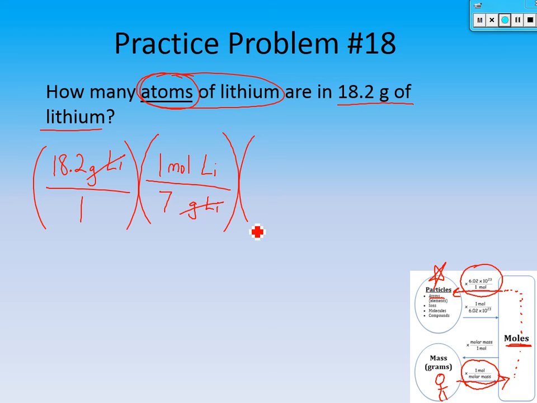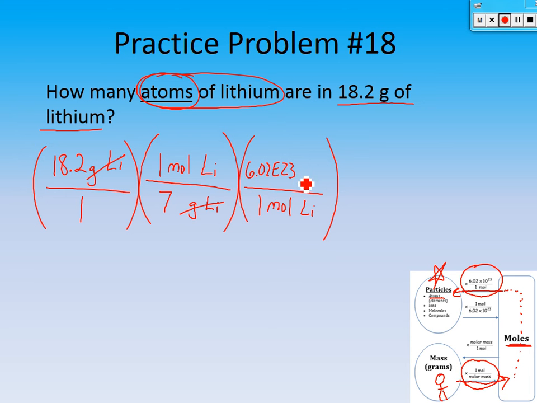So we need to times it by that next conversion factor. It says that Avogadro's number goes on top, and 1 mole goes on the bottom. Well, we're talking about lithium still. So if moles of lithium's on top, it's got to go on bottom. What are we talking about, though, on top here?